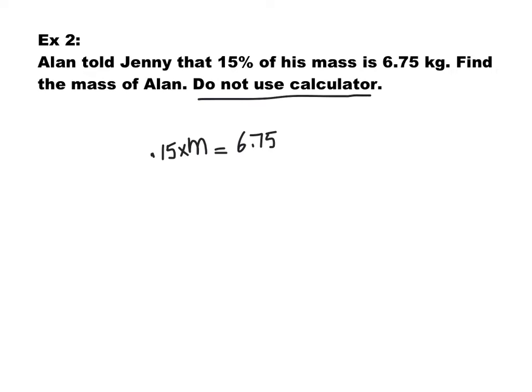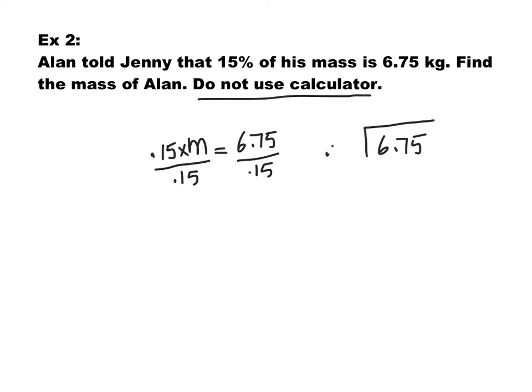Again, to isolate M, we have to get rid of 0.15. So I divide both sides by 0.15. Remember, the opposite operation of multiplication is division. Now I cannot use calculator, so I'm going to do long division.